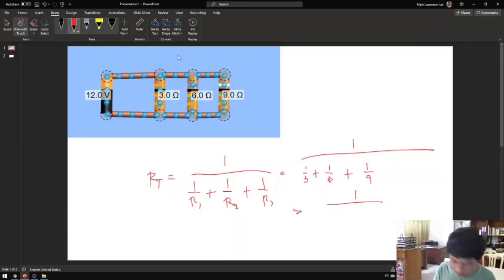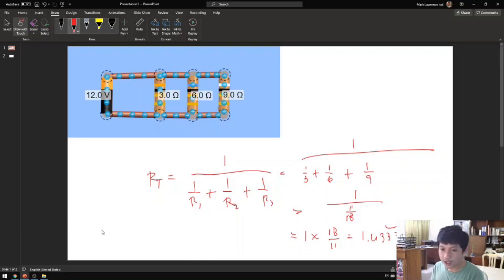This is 11 over 18, so that's 1 times 18 over 11, which is equivalent to 18 divided by 11. So this is 1.63, but it's continuing, 1.6333.